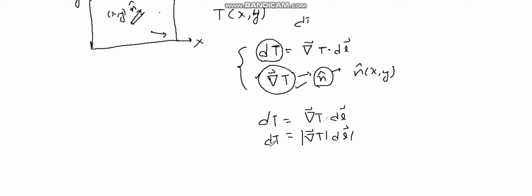The change in function is actually the rate at which the function changes with respect to some variable times the change in that variable. So this represents the rate at which the function, the temperature field over here, changes when this L is changing.